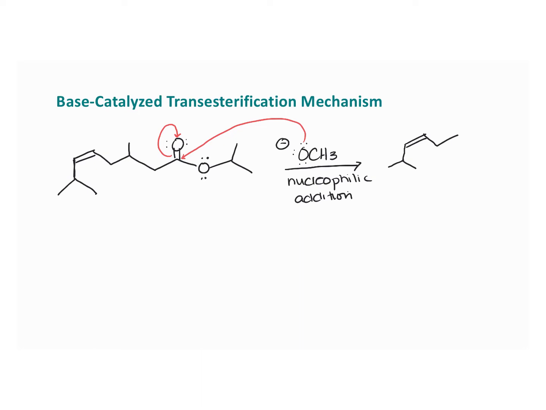Now I'm just looking back and forth and making sure I'm drawing all my carbons. All right, so now I'm here. We've got the oxygen with its negative charge there. I'm going to pull that O down, and now we have the new OCH3 group attached right there.